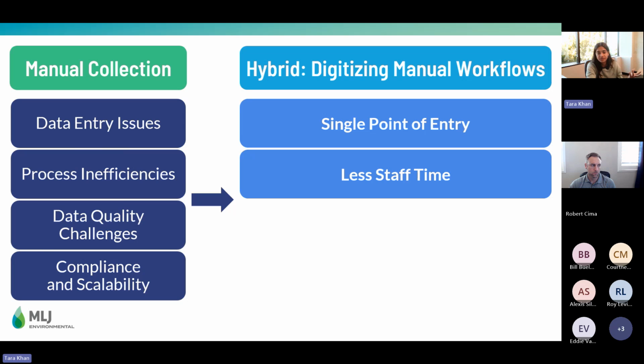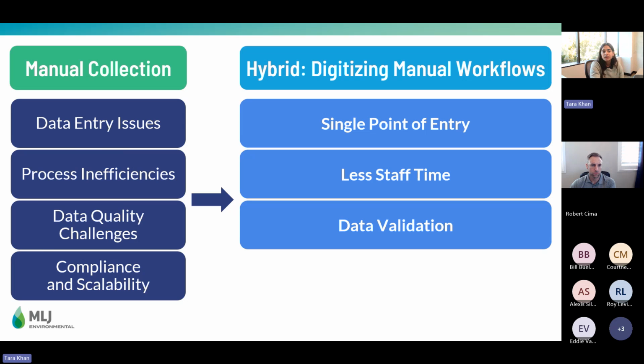There's less staff time, for the same reasons, where you're not having to manually type every single paper sheet in. You're streamlining that a little bit. There are ways to validate data, and I will walk through a case study of that so you can see what I'm talking about. But you can make sure that the data is cleaner, eliminate some human error, and make sure that there are only certain answers that you're able to put in.